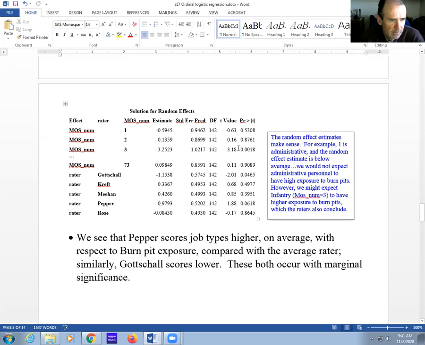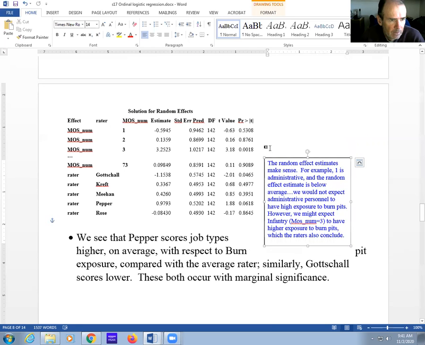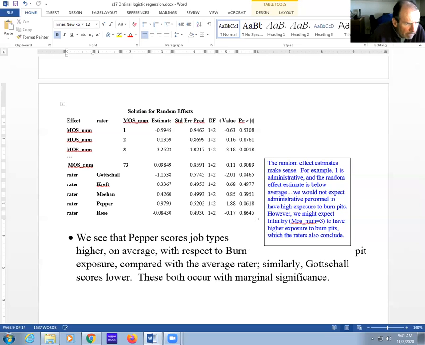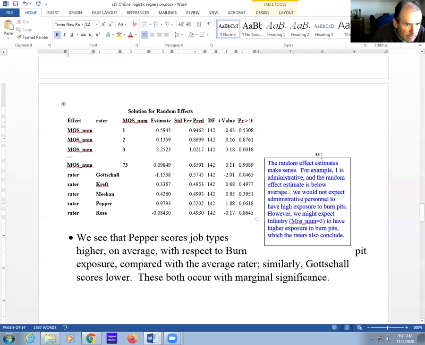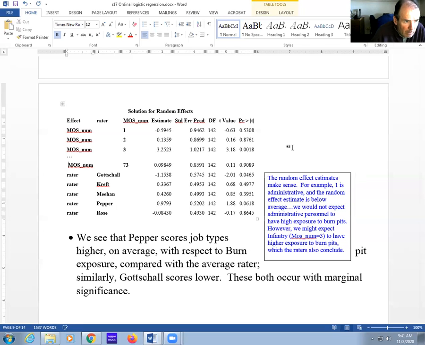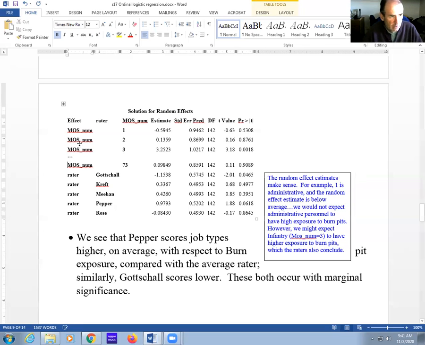3 was infantry, right? So this one was, move this down just a little bit more. So 3, this one was infantry. Maybe I can add it here.